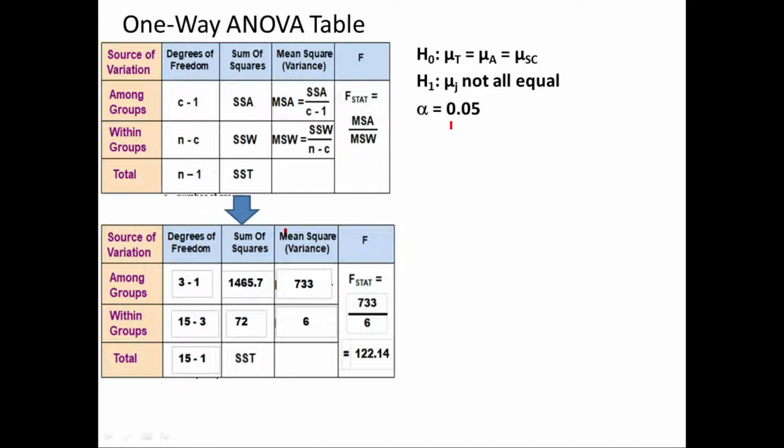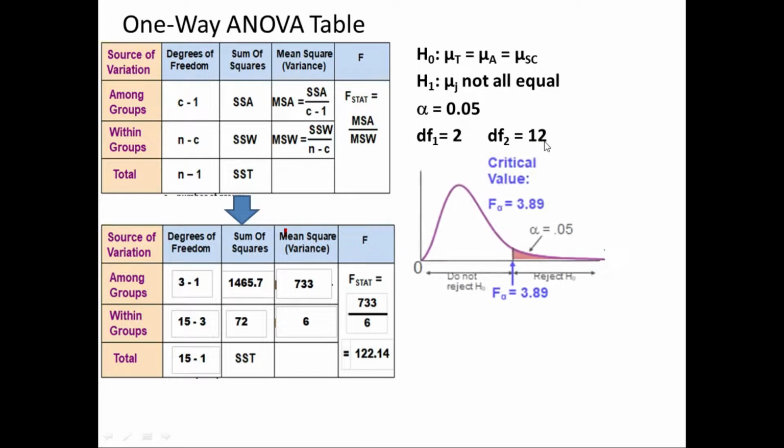To do the testing, let's say the significance level is 0.05. The degree of freedom, as we have calculated before, for among groups is 2, 3 minus 1. The degree of freedom for within group, 15 minus 3, is 12.